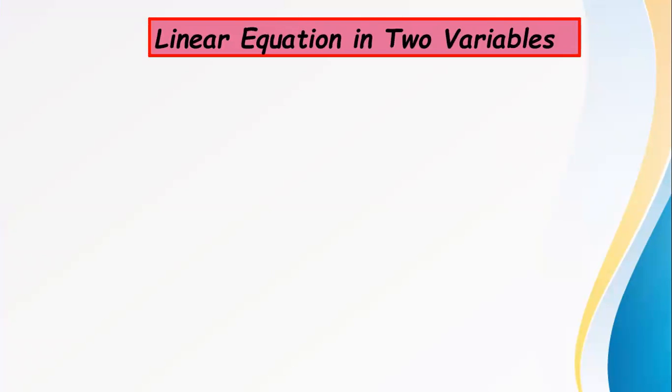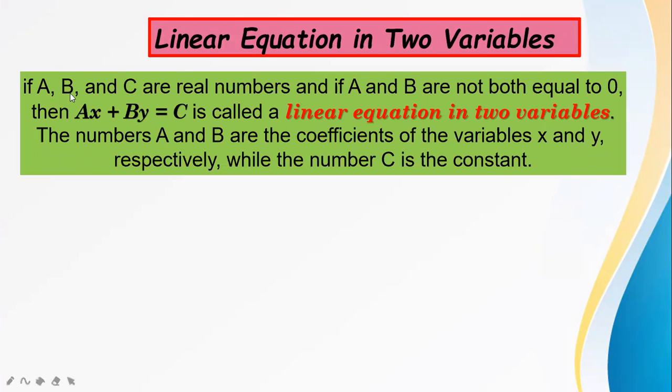Linear equation in two variables. If a, b, and c are real numbers and a and b are not both equal to 0, then ax plus by equals c is called a linear equation in two variables.